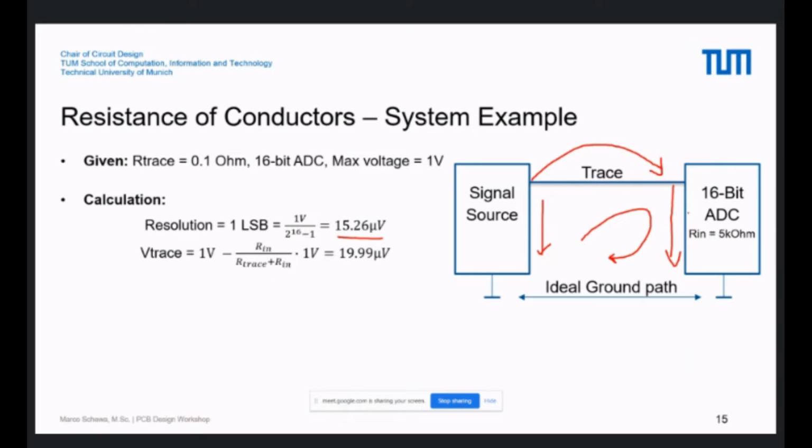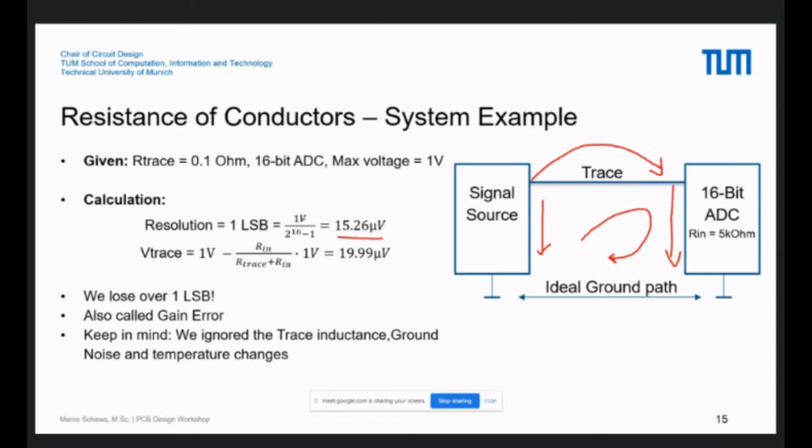So again, R in 5 kilo ohm divided by R trace 0.1 ohm plus 5 kilo ohm times the input voltage, and then we have about 20 microvolts. So you see we have a higher voltage drop compared to our resolution. So we lost over 1 LSB. And for precision measurement, this is a lot. Okay, in this example, we lost 2 LSB. And this is also called gain error.